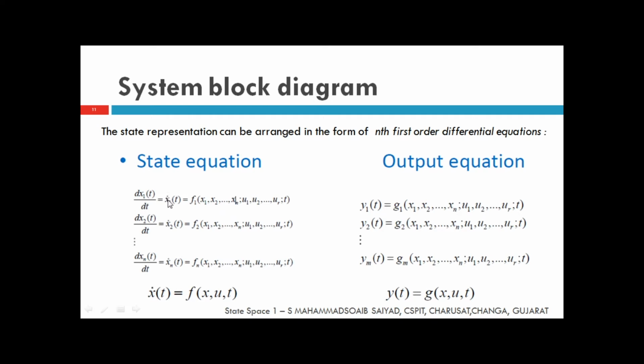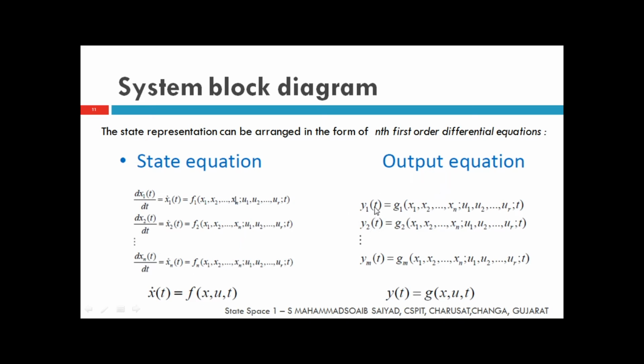Here it is given x dot of t is equal to f1 of x1, x2 up to xn, and the inputs of the corresponding states are u1, u2, u3 up to ur. So you will have a number of inputs, that is the state equations, starting from x1, x2 to xn. These are the state equations, and these are the output equations.